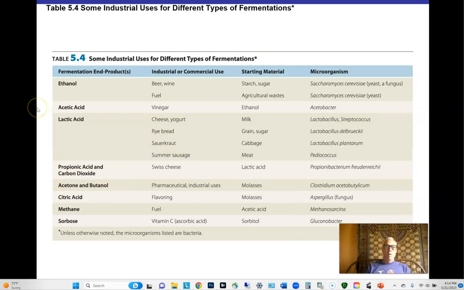So a bunch of different fermentation products. Ethanol in beer and wine production. Also, ethanol is sometimes used as a fuel. The ethanol got popularized as a fuel additive for gasoline for automobiles and trucks. The idea was that we could reduce our dependence on fossil fuels by adding in some ethanol that was produced by fermentation of sugar from corn, say.